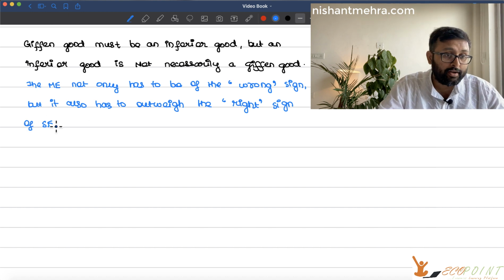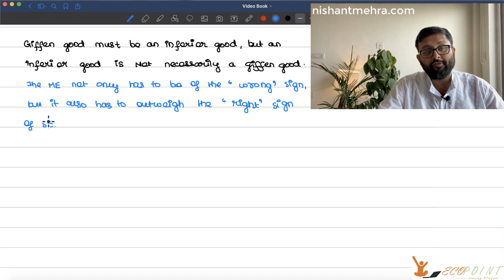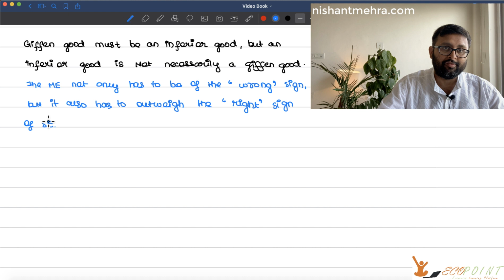And one more line which he has written is beautiful. He says, Giffen goods not only have to be inferior goods, but they also have to be very inferior.